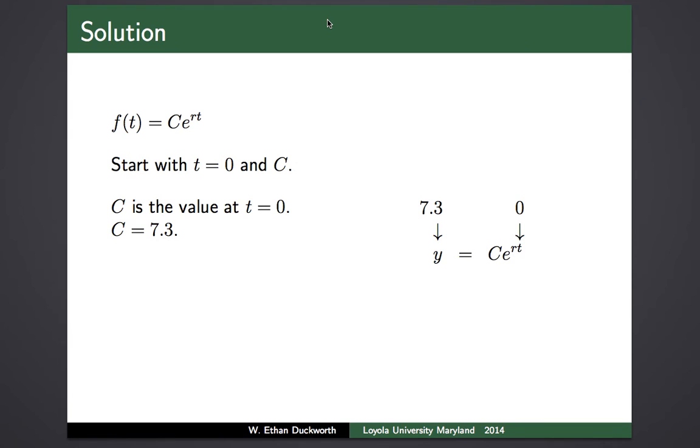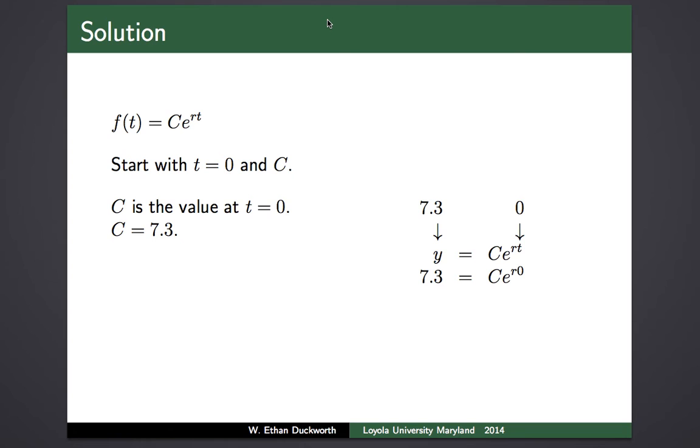We're going to plug in 7.3 and 0 into the original function, or the formula, that we want to solve. 7.3 goes in for the y value, and 0 goes in for the t value. So you plug them in right into those two spots of the equation.